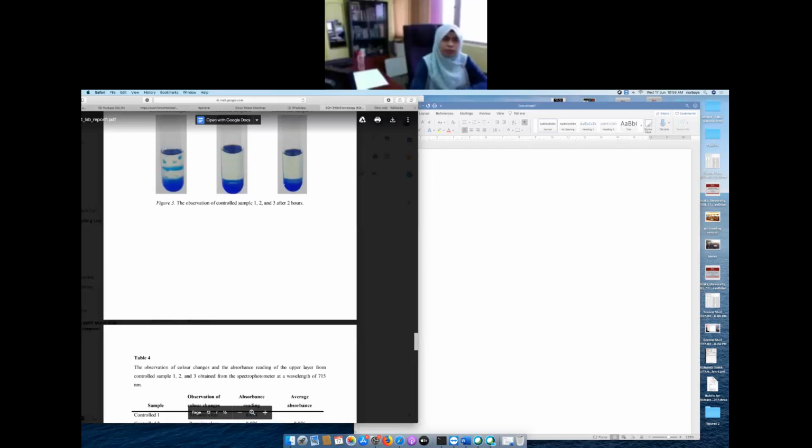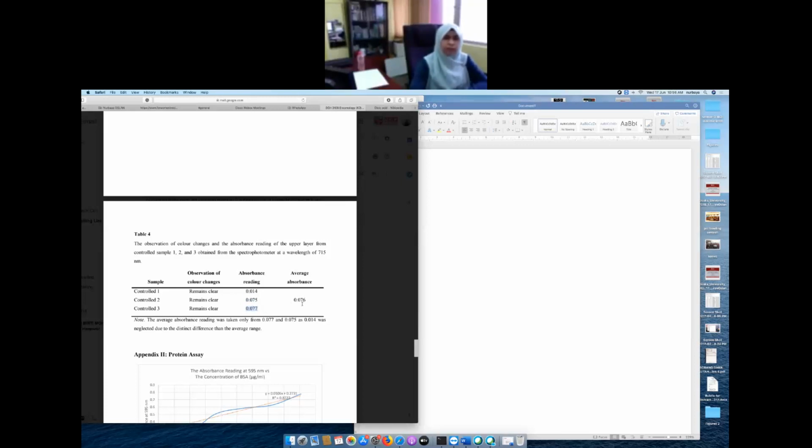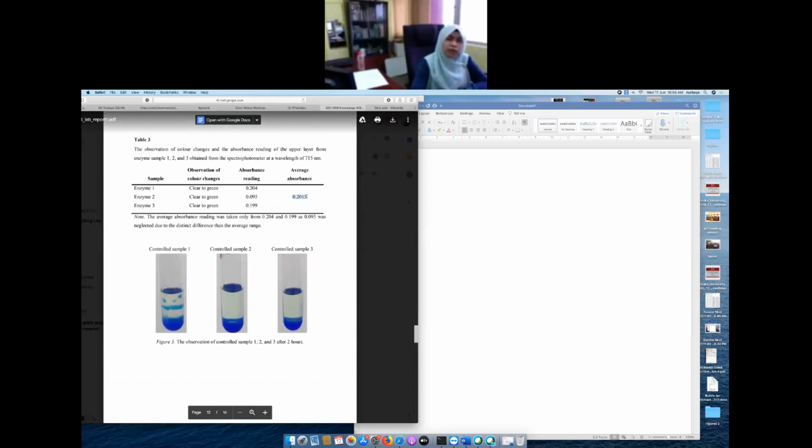It's supposed to be colorless. In this case, this group took 0.075 and 0.077, and then took the average, which turns out to be 0.076. Now we have the average for the control and the average for the sample.